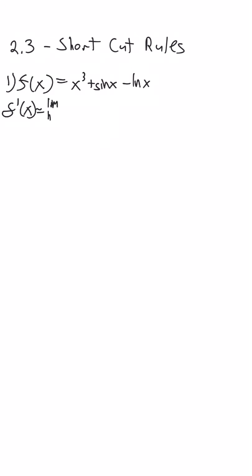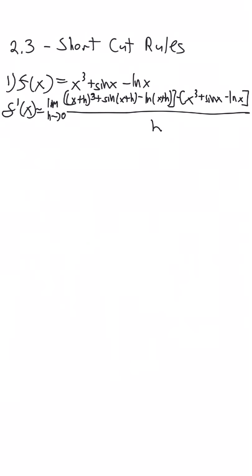The limit as h approaches 0 of (x plus h) cubed plus sine of (x plus h) minus natural log of (x plus h), all of that minus (x cubed plus sine of x minus natural log of x), all over h. You'll get an indeterminate form here, and then you'll have to do some math. And gosh, that'll be not fun. We don't want to do that.